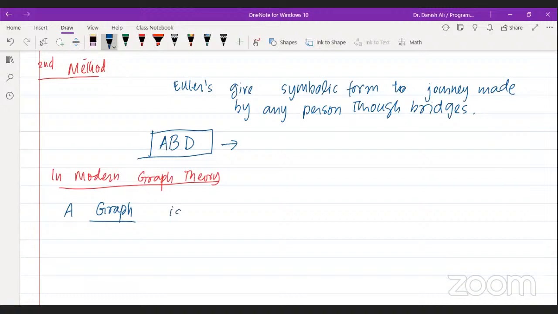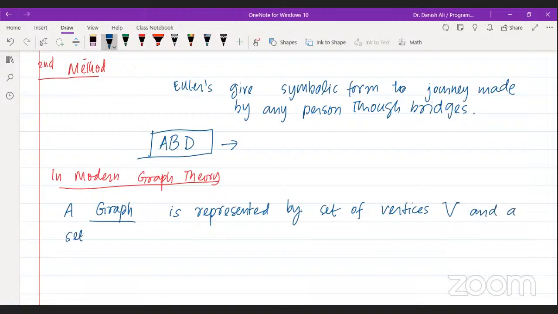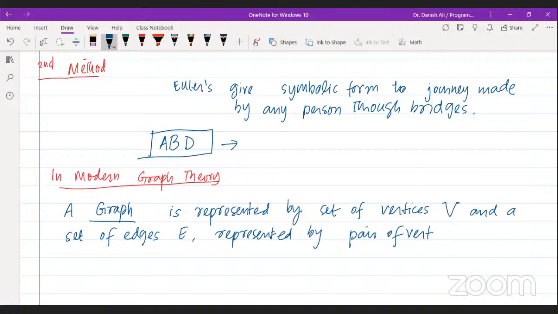A graph is represented by a set of vertices V and a set of edges E, represented by pairs of vertices. That is, E is a subset of V square.